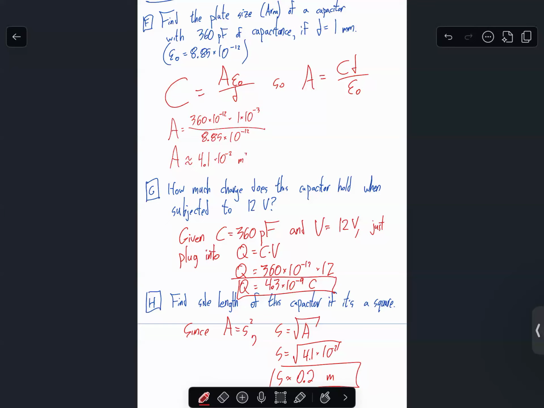What would happen if I do the following changes? I'm going to remove the capacitor from the circuit, and then I'm going to screw with it. It's not connected to the circuit anymore. I'm going to halve its plate area. Shing! Take my katana and cut it in half.